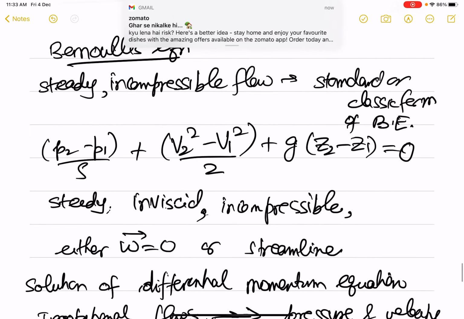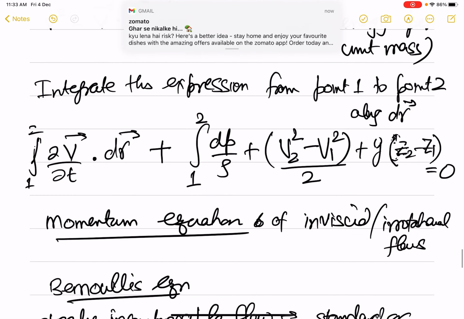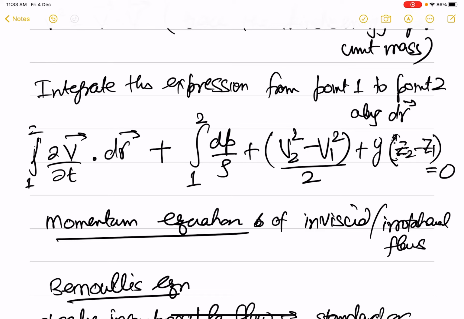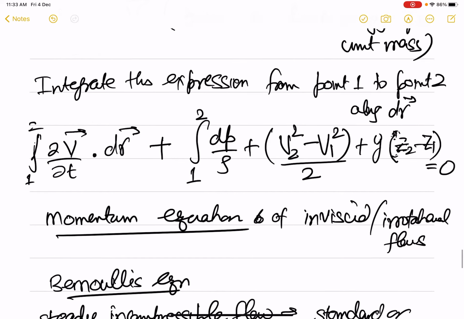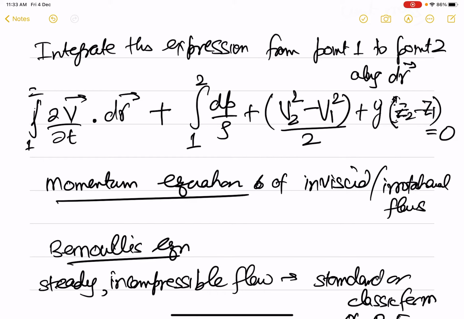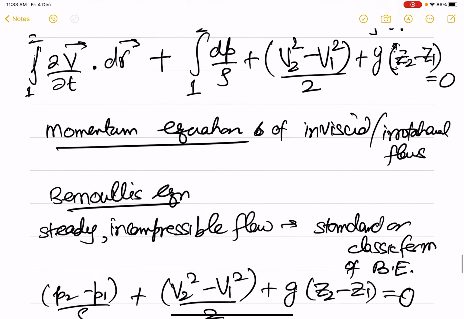Of course, this is the simple case. In case the flow is unsteady or pressure is a function of density, then there is a slightly more complex form. We have to integrate this equation to get pressure. But that also is much simpler than solving the full Navier-Stokes equations.